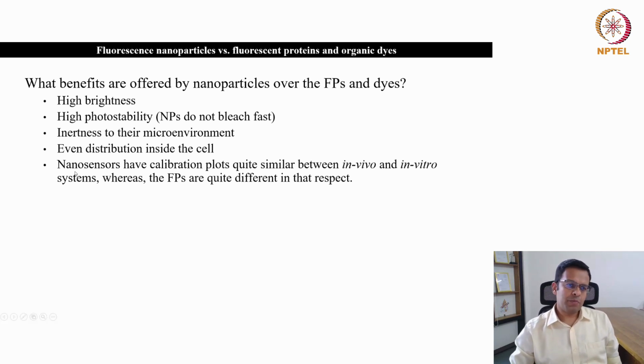One of the most important points is that nanosensors have calibration plots which are quite similar between in vivo and in vitro systems, whereas fluorescent proteins are quite different in that respect.